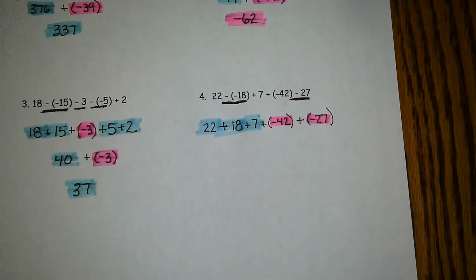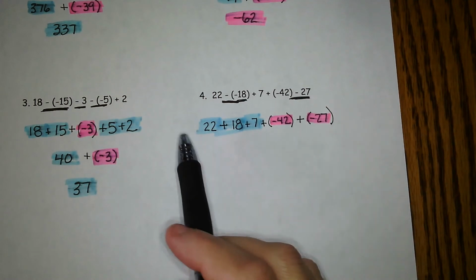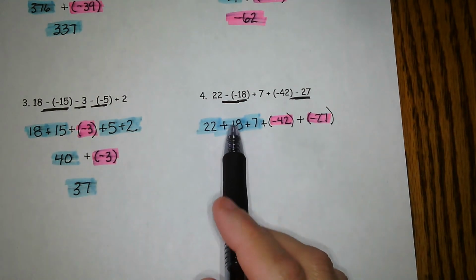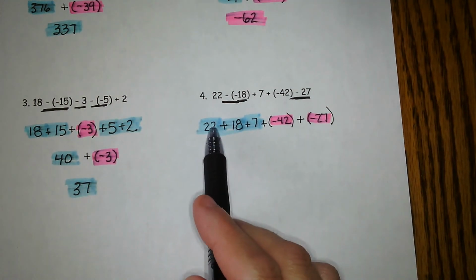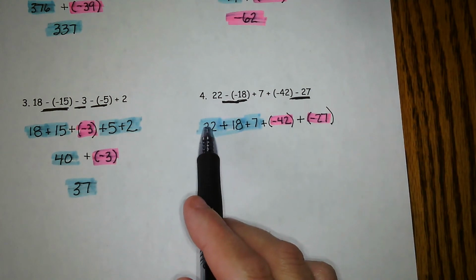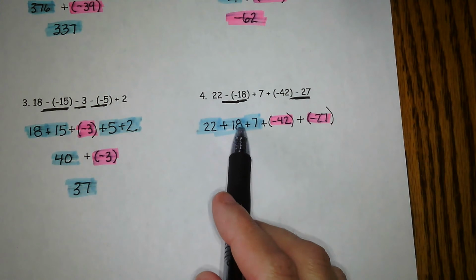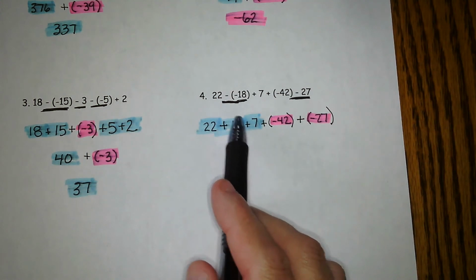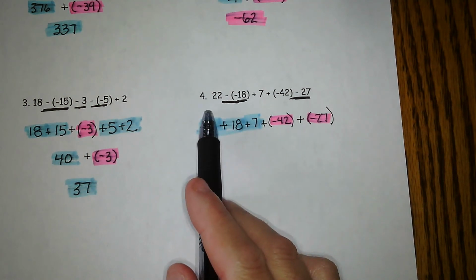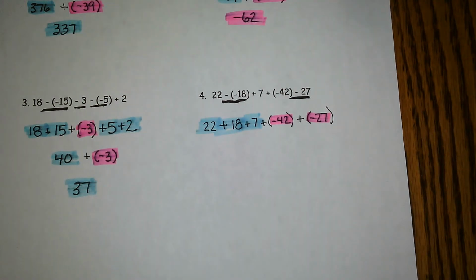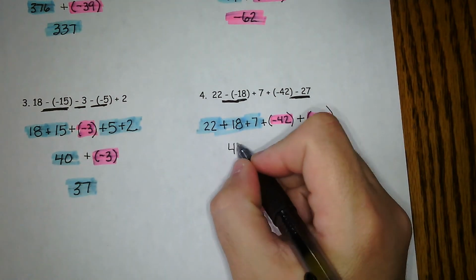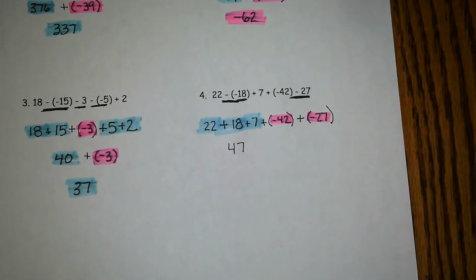Well, remember, we're going through the estimation process. So one of the things that you can do is you can estimate and make your adding and subtracting a little easier. In this case, I can estimate and do 22 plus 20. That's 42. I'm going to take 2 away. So 42 minus 2 is 40 plus 7. This is 47 positives.